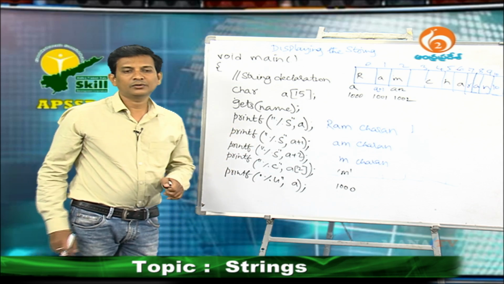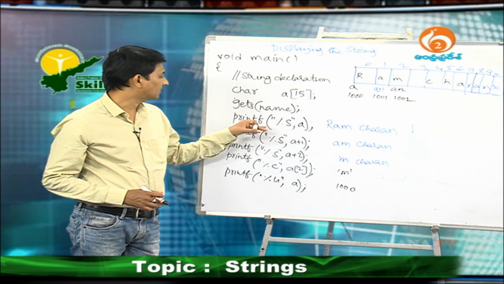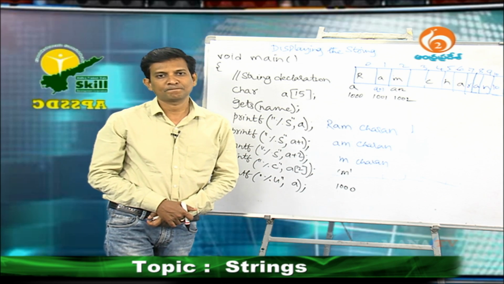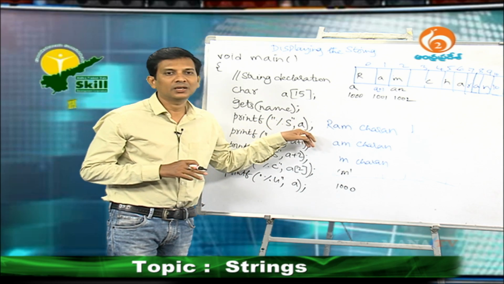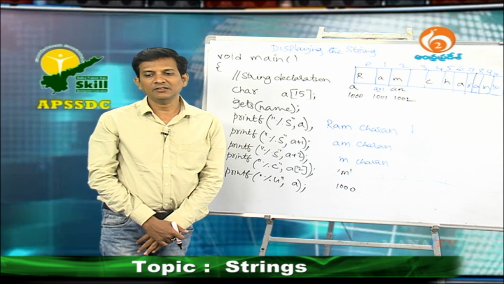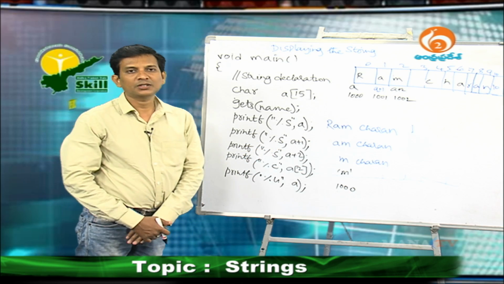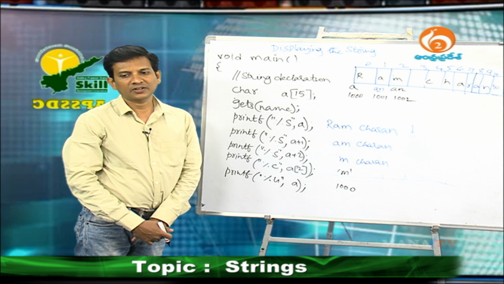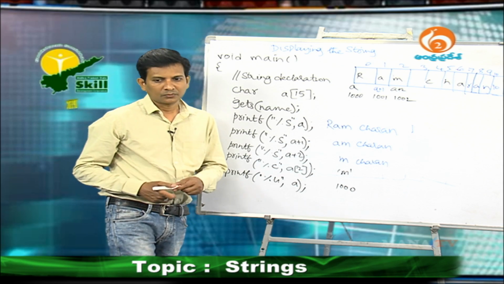Here also no need to use looping statements to display strings. Simply you can use printf %s. You can also use the puts function. Puts of the name of the array, and the entire string will be displayed. %s is the format specifier for strings.